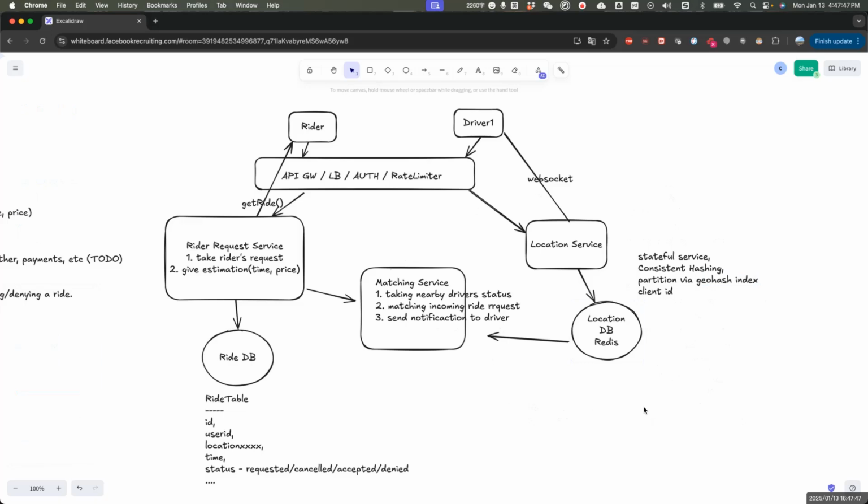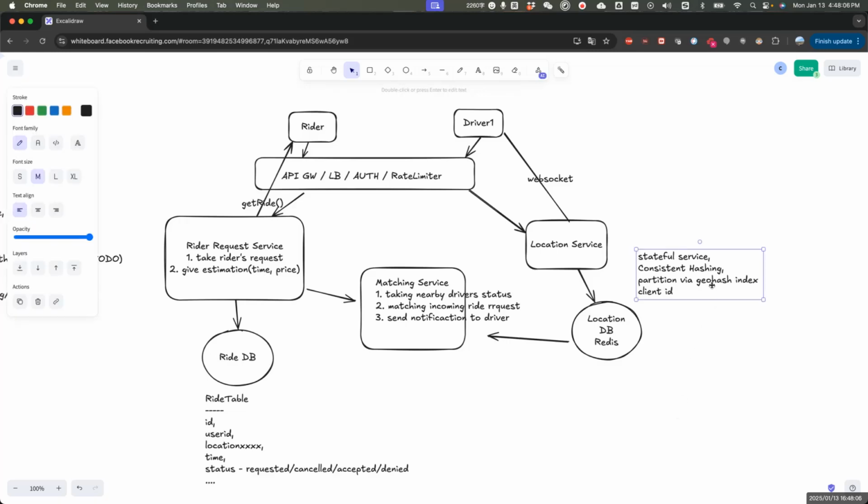For example, we could have multiple data centers hosting the entire system in different areas, across the US or across the world. Geohash index is another thing where we want to make sure we are handling edge cases.